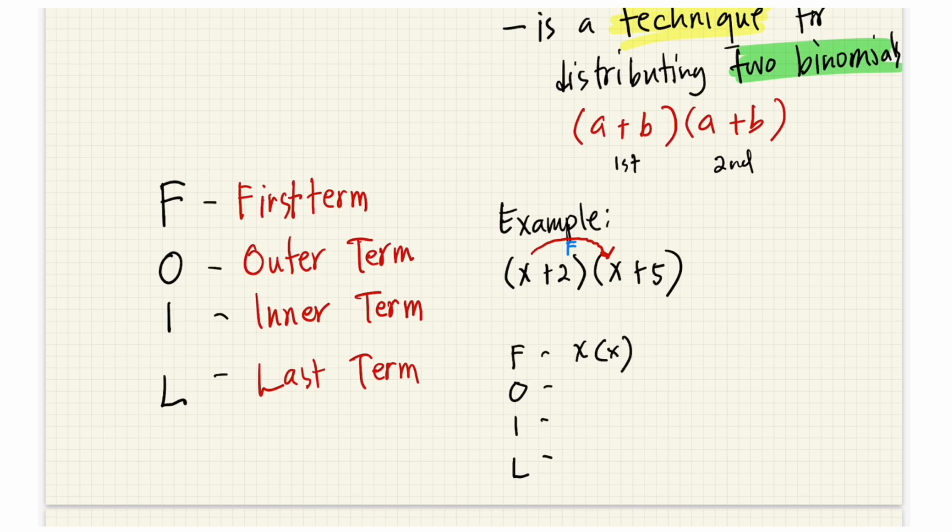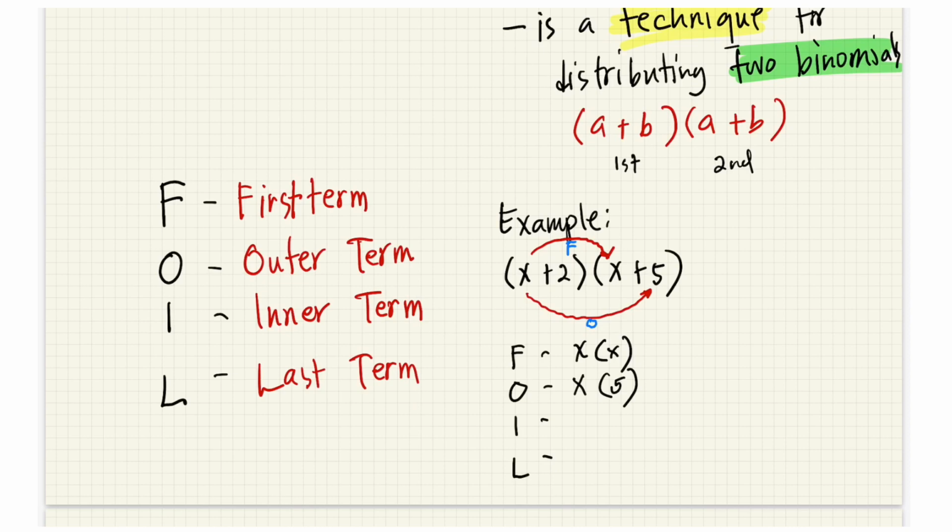Next, O stands for the outer term: the outer term of the first binomial and the outer term of the second binomial. So we have x times 5, and this is our O. Next, we go for the inner term: the inner term of the first binomial times the inner term of the second binomial.